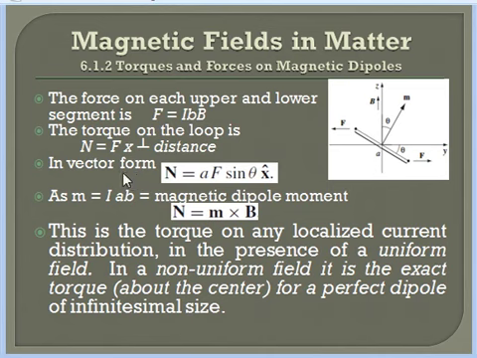So in the vector form, the torque, which is represented by the letter N, will be equal to A sine theta F into x cap. That is, the torque will be acting along the x direction. X direction is from the plane of the body, which means the torque will be trying to rotate the loop in the anti-clockwise direction.